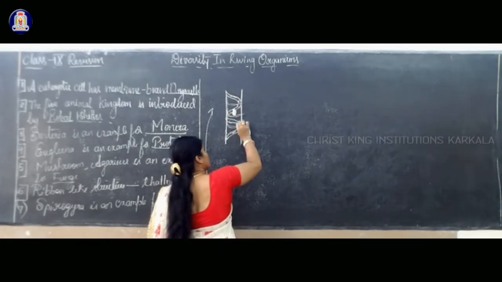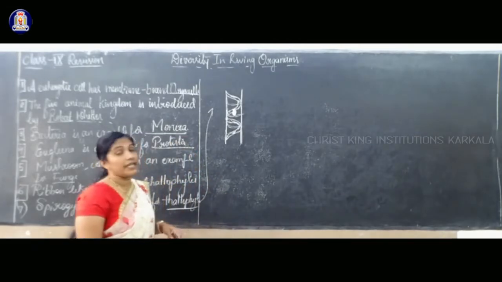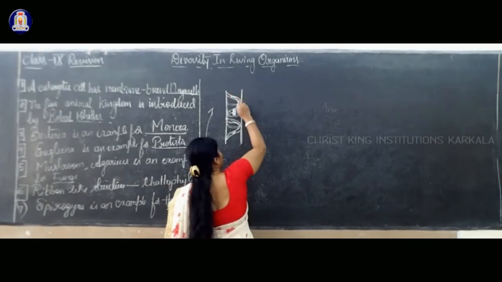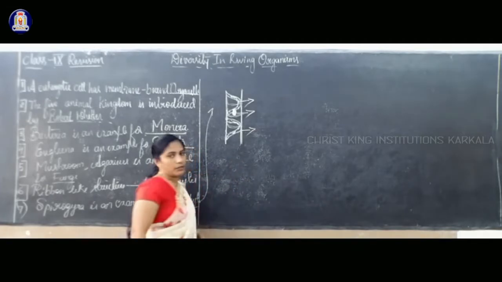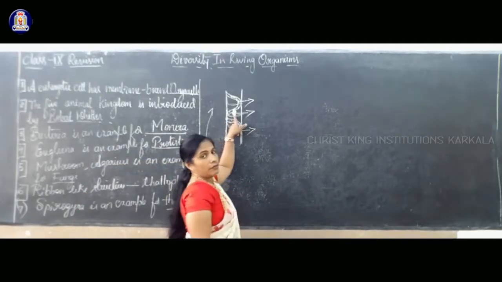Chloroplast. So these are the structures. Identify the labeled parts. First one, second one, and third one. Wall, or the cell wall. Then whether it is nucleus or chloroplast.